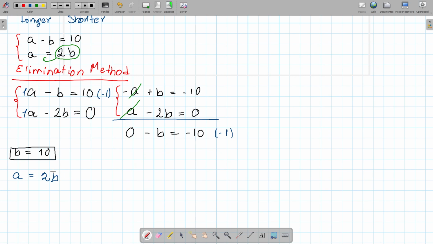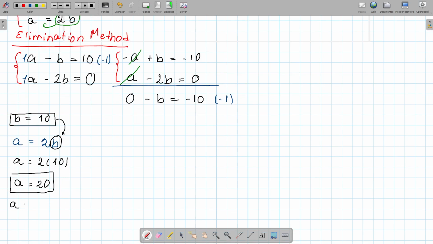If I put 10 instead of b, this gives me 2 times 10, so a will be 20. Now we know that a equals 20 and b equals 10 people, and this is going to be our answer.